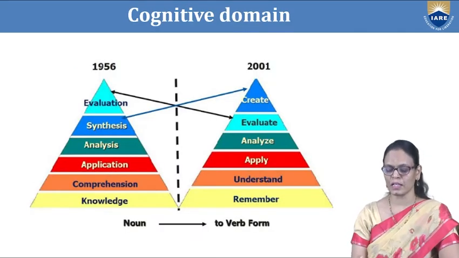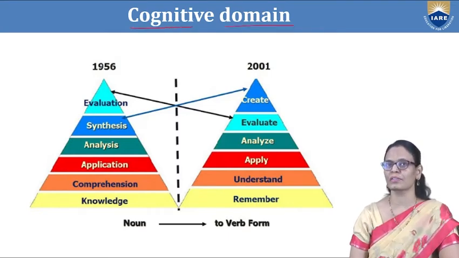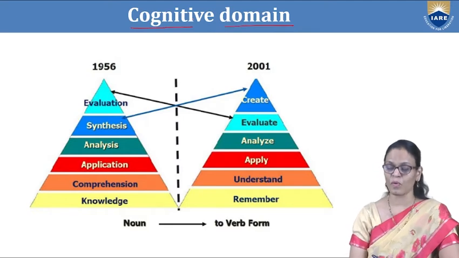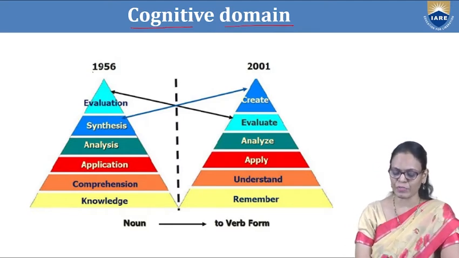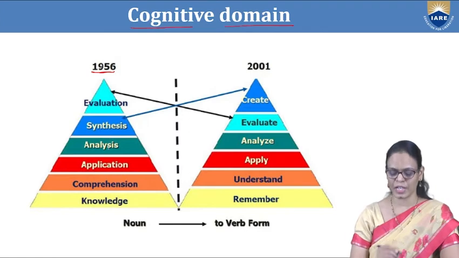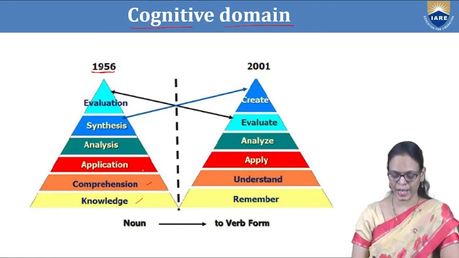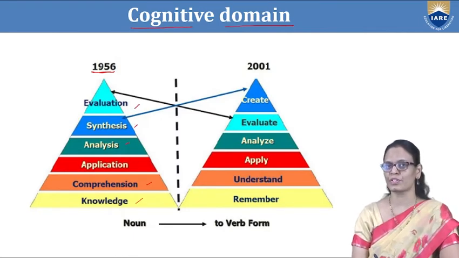Now, if you see the levels in the cognitive domain, we are going to discuss the different levels. In 1956, when Benjamin Bloom gave the taxonomy, this is the form in which he put it: the base is knowledge, then comprehension, application, analysis, synthesis and evaluation.